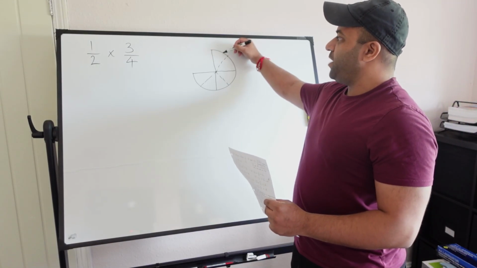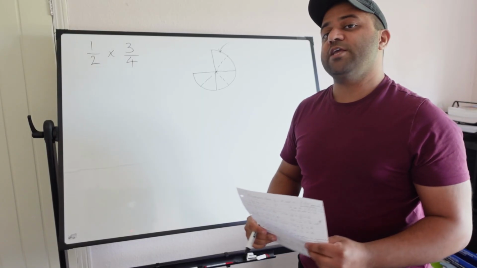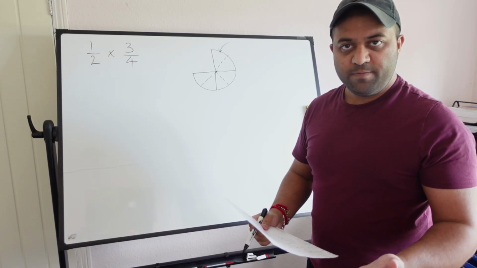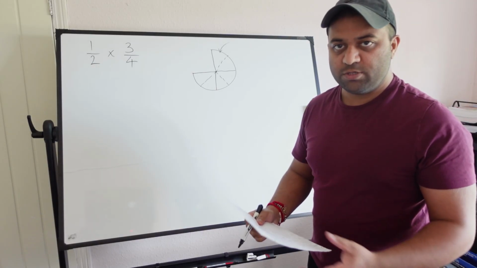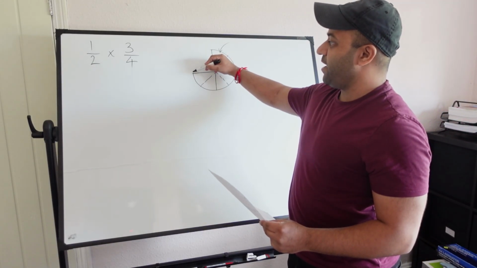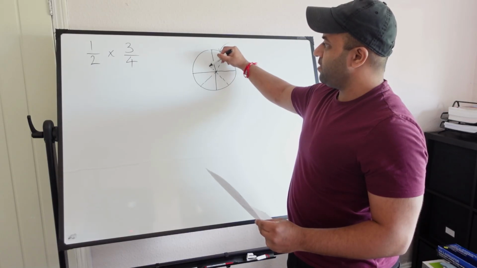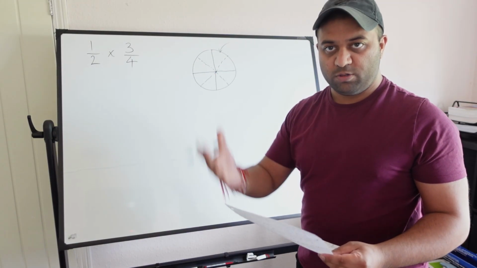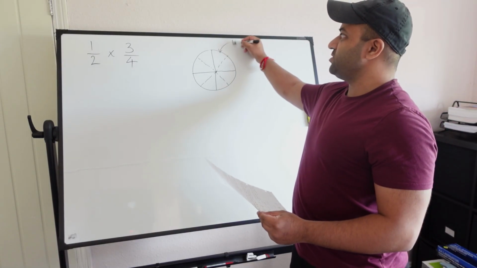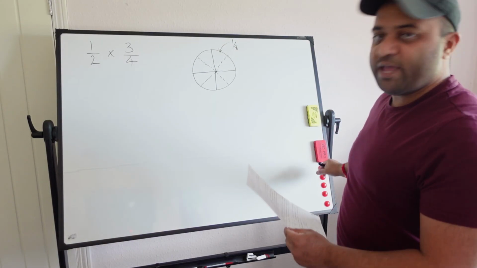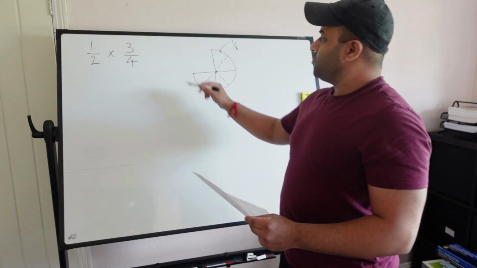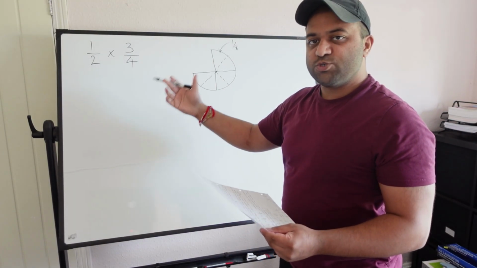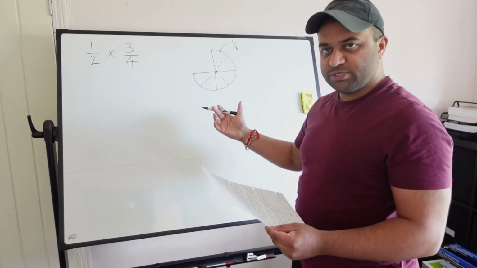Now, how big is each of these slices? They'll be less than a quarter, and in total, if we were to complete the circle again, we could see that there would be 8 of them inside of a whole. So each of these pieces is 1/8. So the question is, what is 1/2 of 3/4?